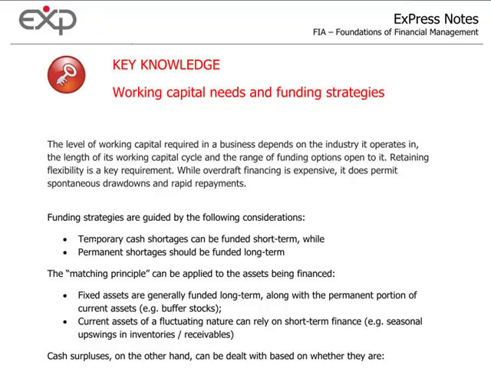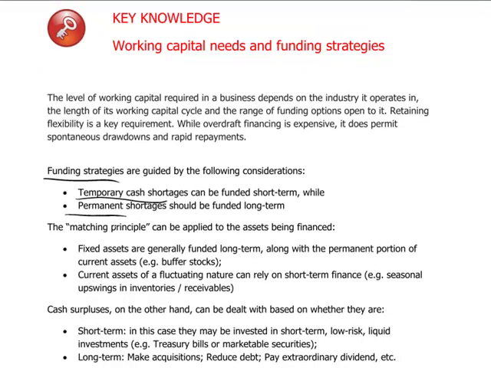Funding strategies will depend on whether the shortages and surpluses are permanent or temporary, and the matching principle applies here. Fixed assets usually should be funded long-term, because the repayment schedule for a long-term loan would be more appropriate for a fixed asset, which is only going to pay its way or generate a return over the longer term.